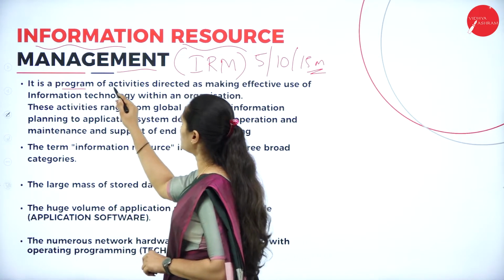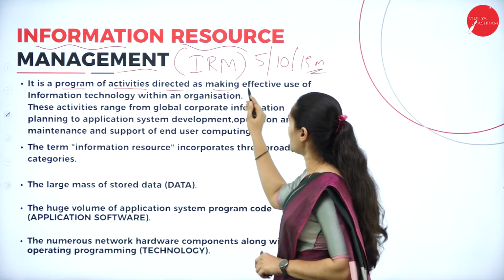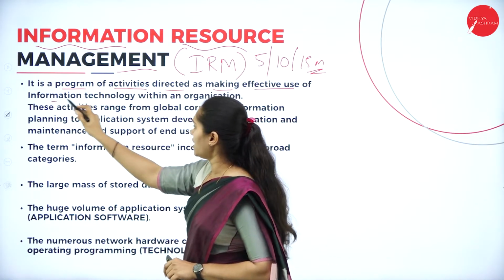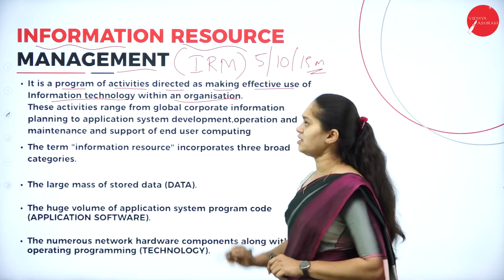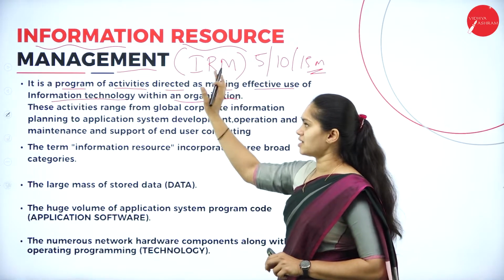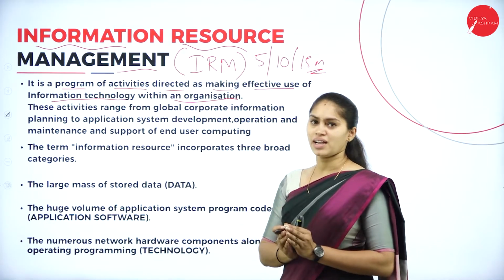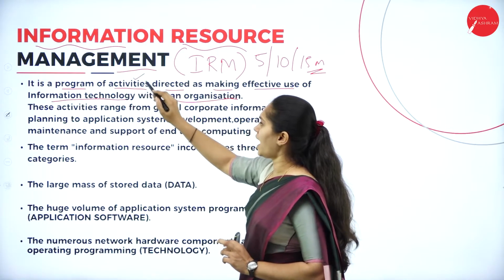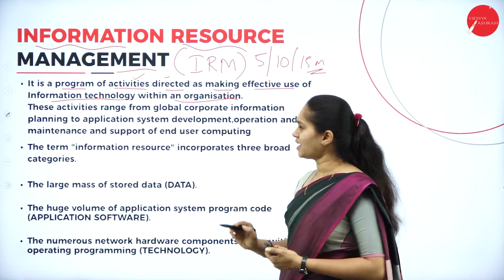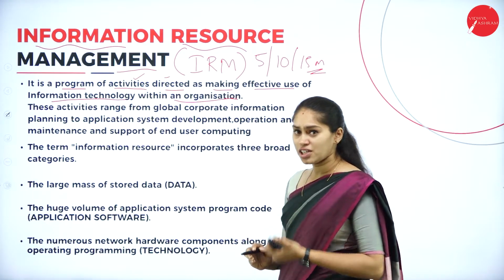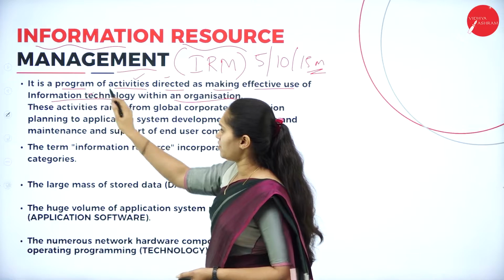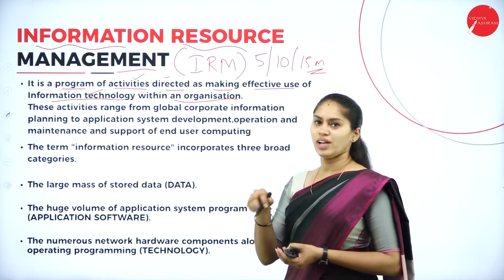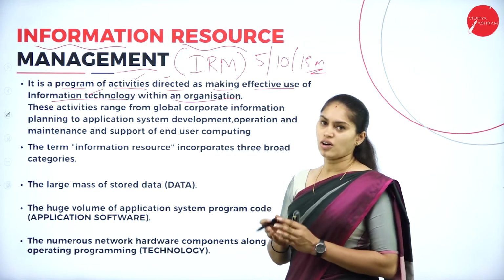It is a program of activities directed at making effective use of information technology within an organization. This IRM, or resource management of an information system, is a program of activities directed in order to make effective use of the information technology which takes place within the organization.